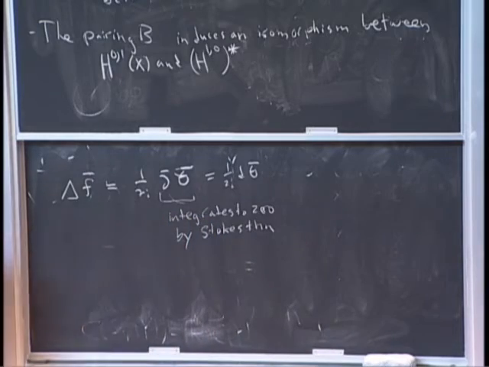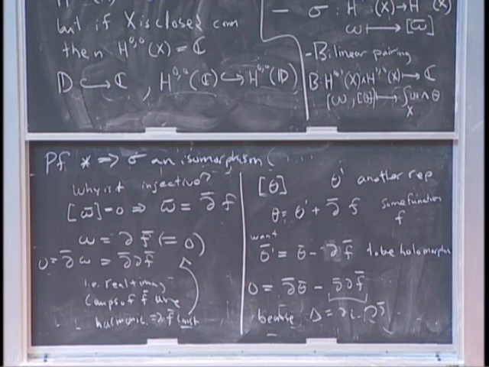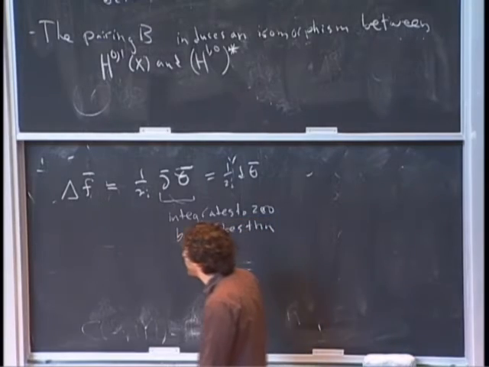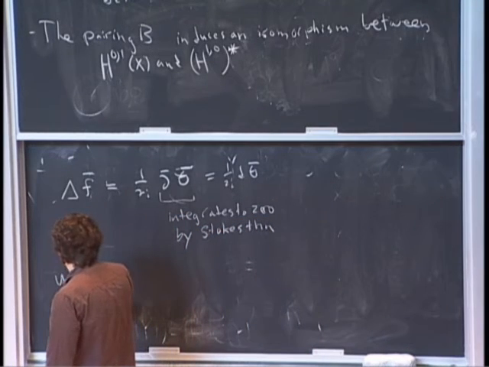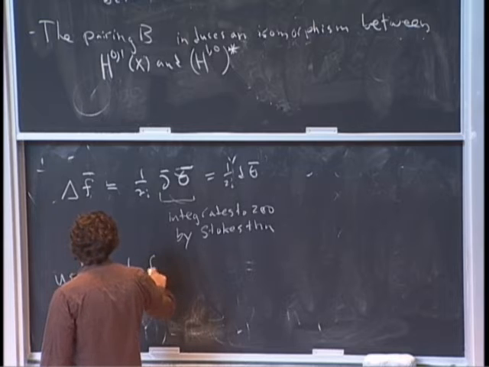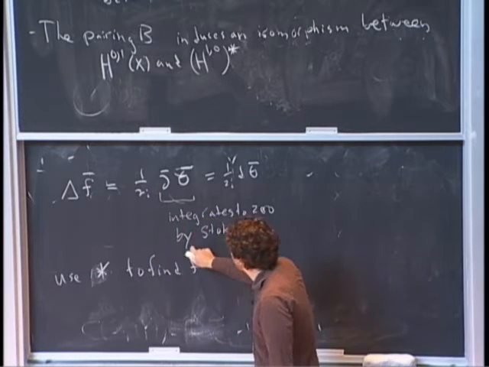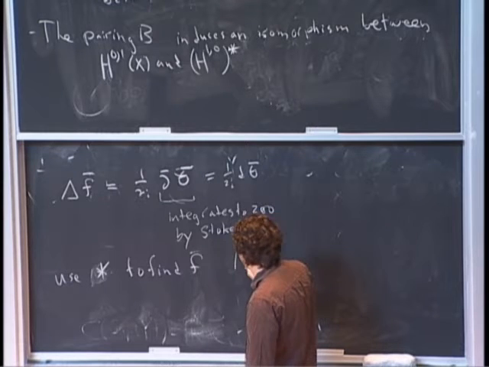And changing f by a constant won't change our function theta prime. So we use the star theorem to find f, and then we're done.